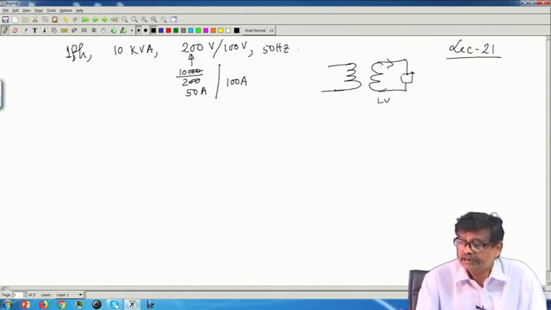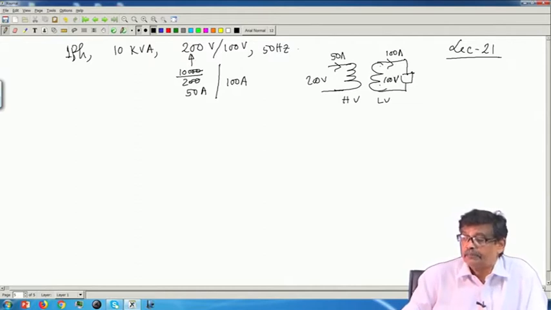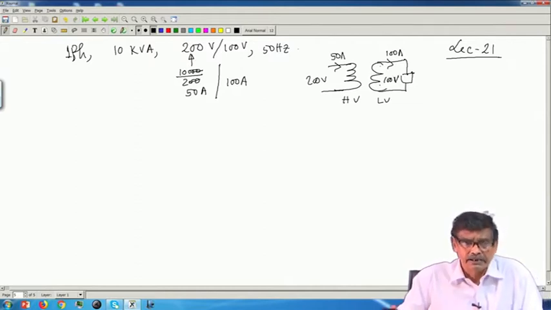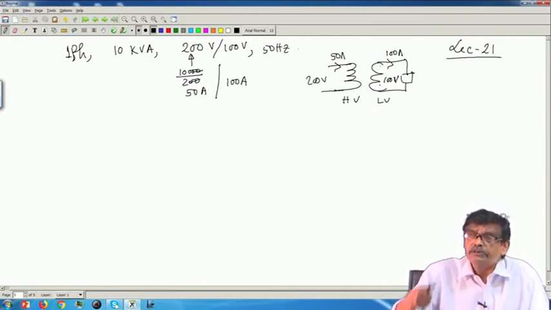This is the LV side, this is the HV side, and this is 100 ampere and this is 50 ampere. This is the 200 volt side, this is the 100 volt side. Always sketch something of this sort to understand what is happening. Suppose I have purchased a transformer in industry and it will be continuously operating at rated condition.